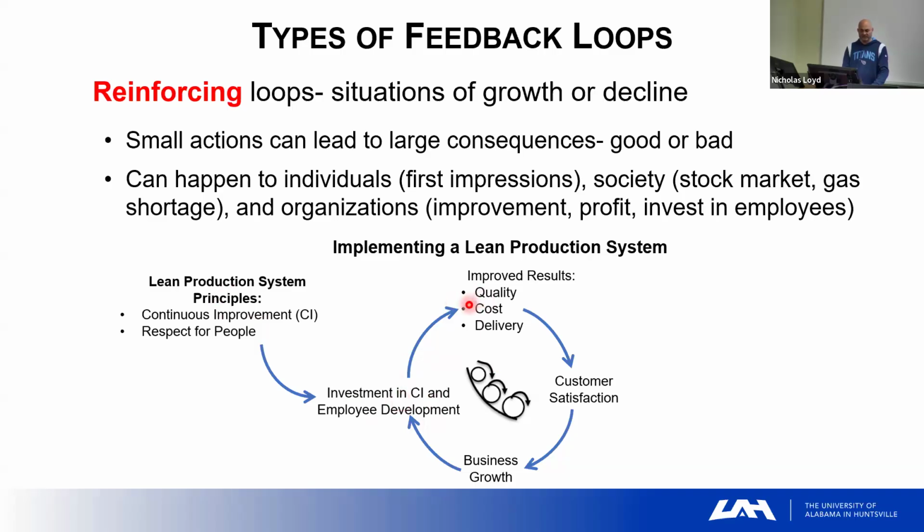Then my results would go down. And if my quality dips, my delivery dips, my customer satisfaction is going to dip. I'm going to start losing business. Then I have fewer resources to invest. So it can be positive or negative. Either way, those are reinforcing loops because the different variables that influence each other keep the loop going.